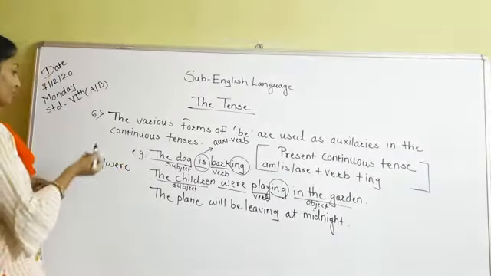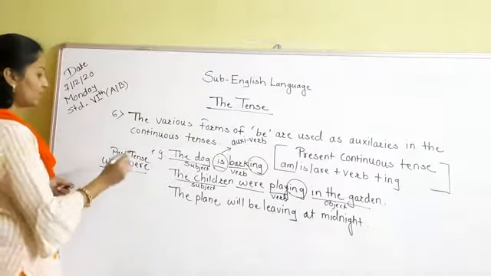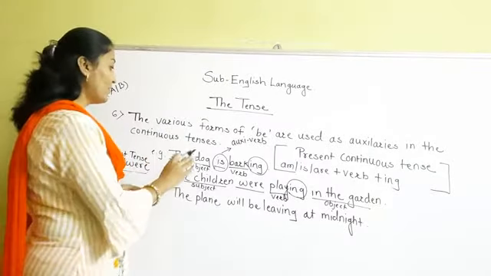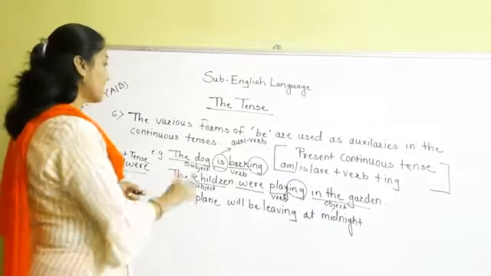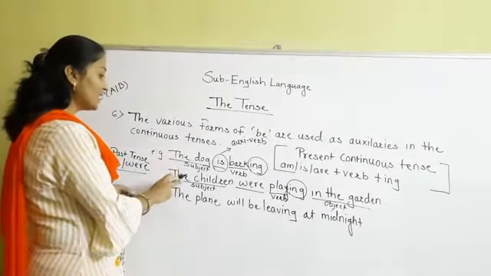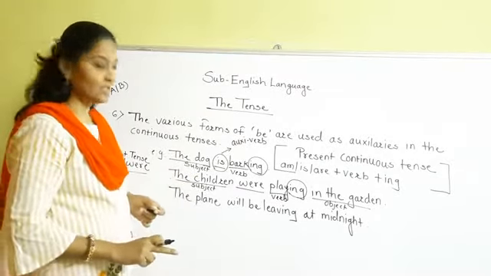These auxiliary verbs we are using in past tense. Now the children were playing in the garden. So this sentence is also of continuous tense, but the only difference is that the first sentence is of present continuous tense and the second sentence that we have written here is of past continuous tense.